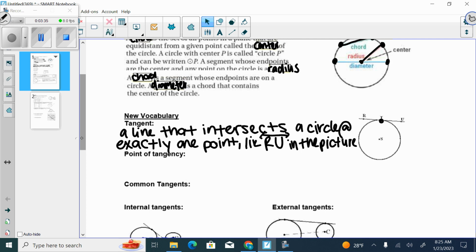Specifically, the point where it touches is called the point of tangency. So it's just that point where it's touching the circle. So this is the point on the circle where a tangent line intersects the circle.